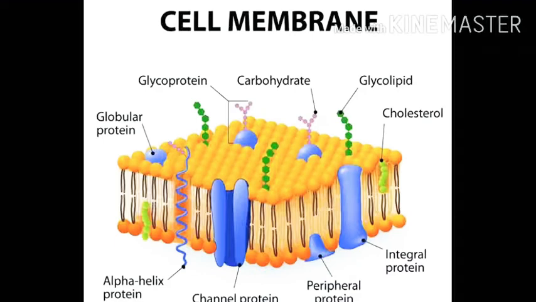Now I am explaining three points here. First of them is, suppose the cell is in a very dilute solution, meaning the surrounding medium has a higher water concentration, then the cell gains water by osmosis, or water goes inside by the process of osmosis.